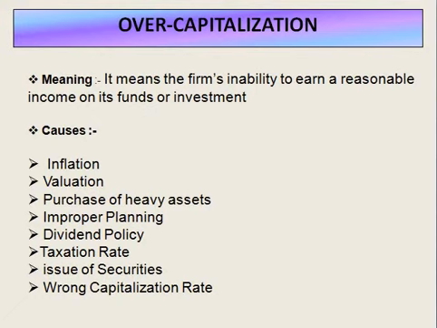Next is taxation rate. If there is a very high rate of taxation for a company, then the company may not have sufficient funds left for modernization or renovation programs. What will happen as a result? The real value and the earning capacity of the asset will definitely get lowered.